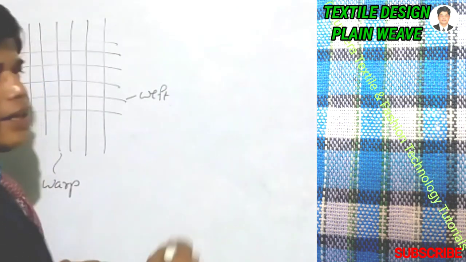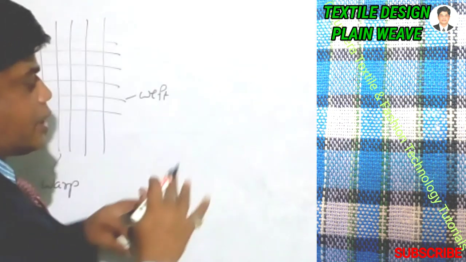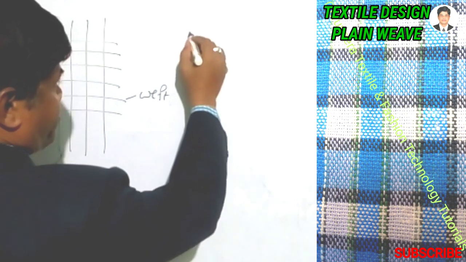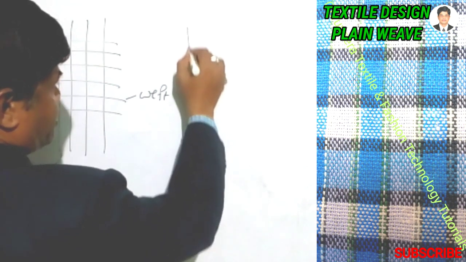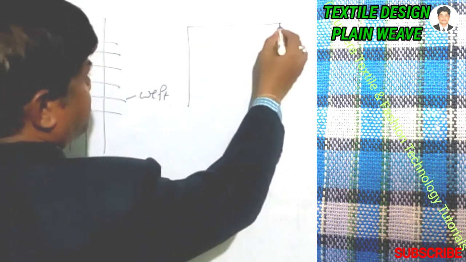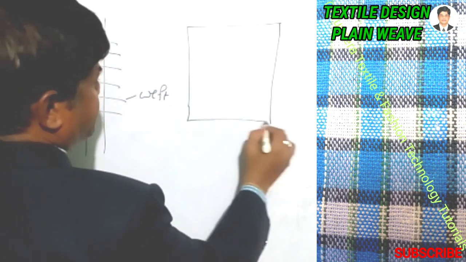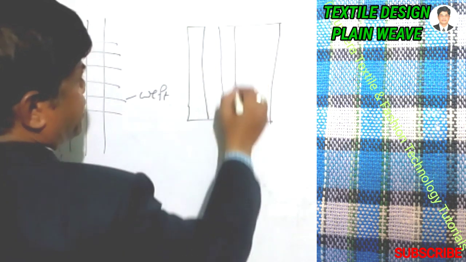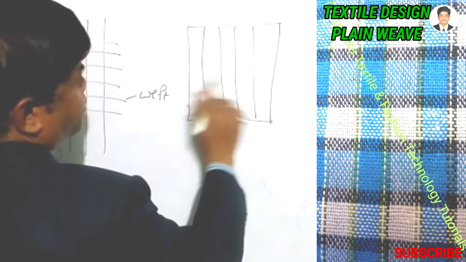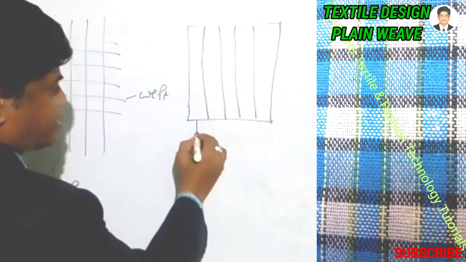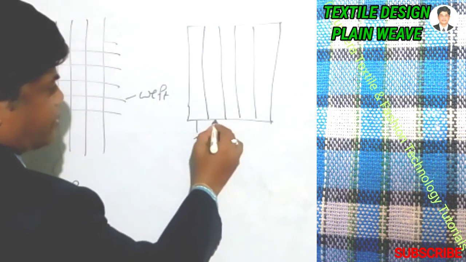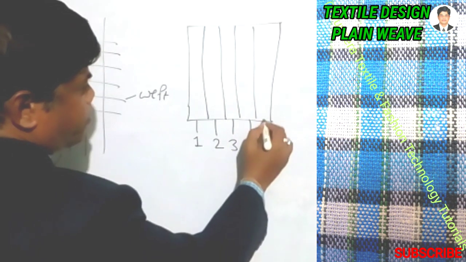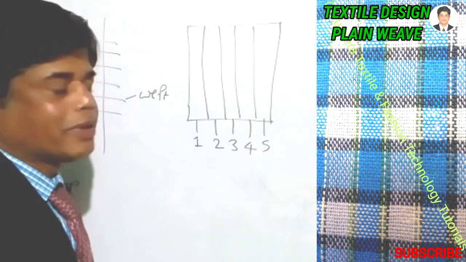There is a technique by which this interlacement happens. First, understand this grid. There are 1, 2, 3, 4, 5 threads: first thread, second warp, third warp, fourth warp, fifth warp thread.